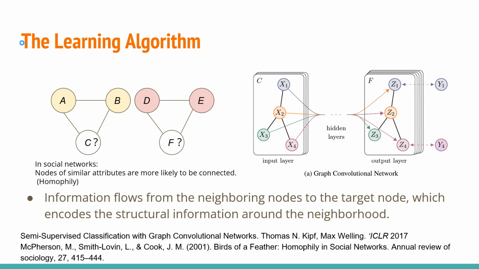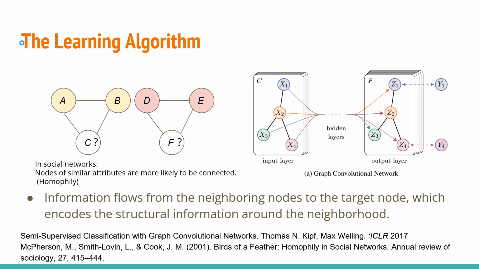Given A and B is connected to C, what feature will C be? And given D and E, whether F is mature or immature. A reasonable guess would be C is underage and F is mature.